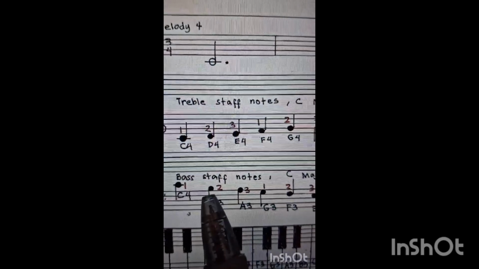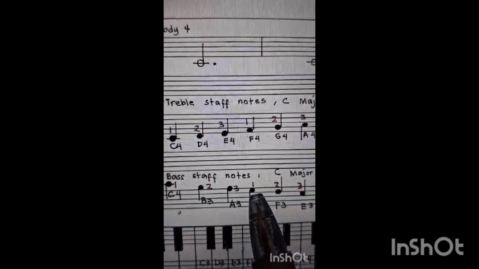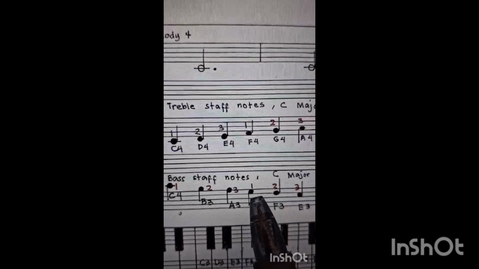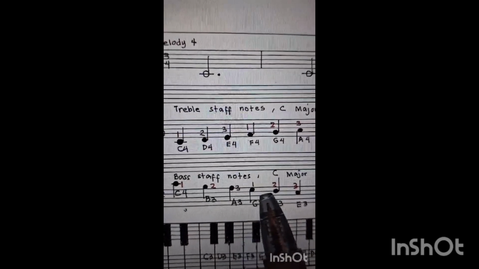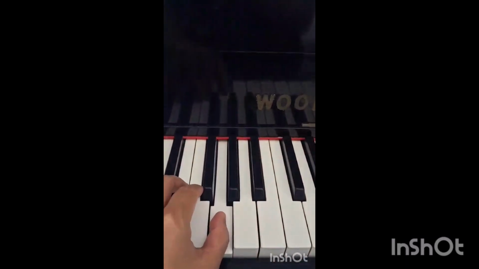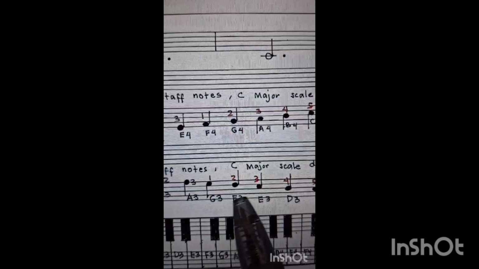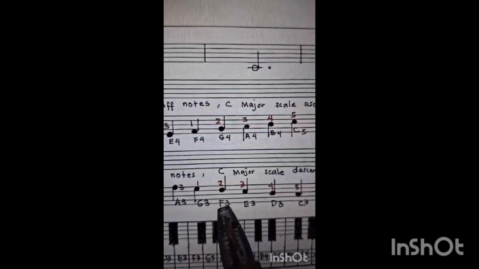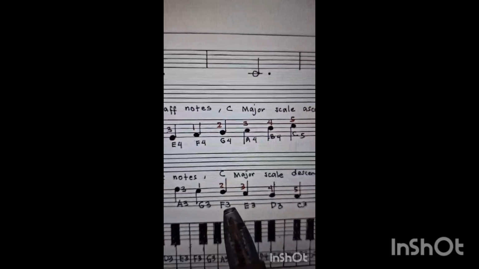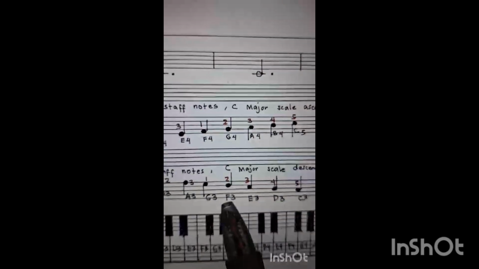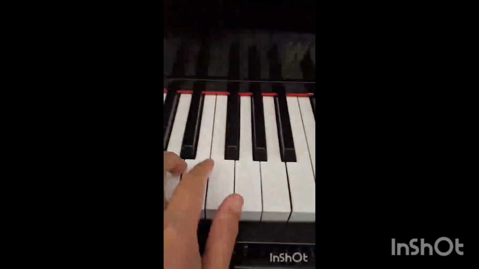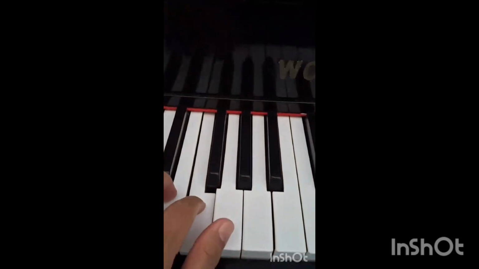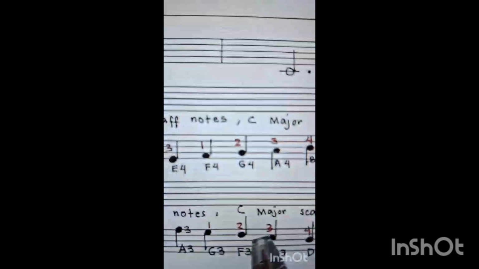So line, space, line, space. The next note is a space note, which is low G, played by the left hand number 1 finger. Okay. And then after the space note is a line note. The next line note is called low F or F3, played by number 2 finger. Okay.